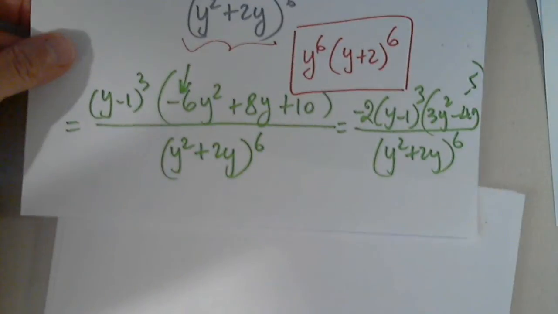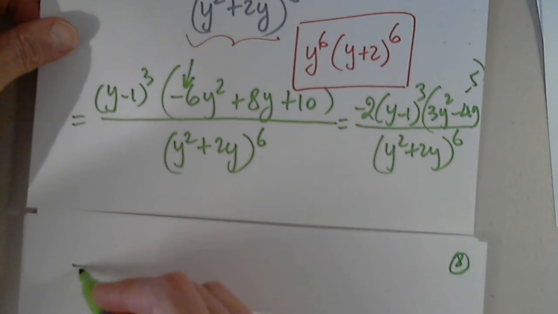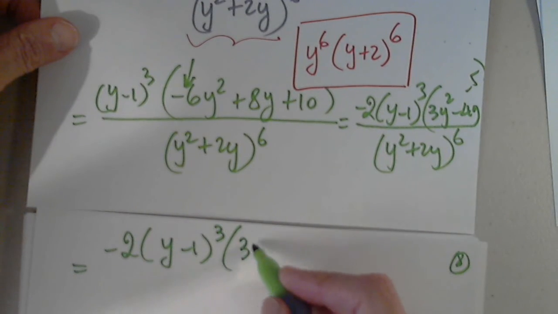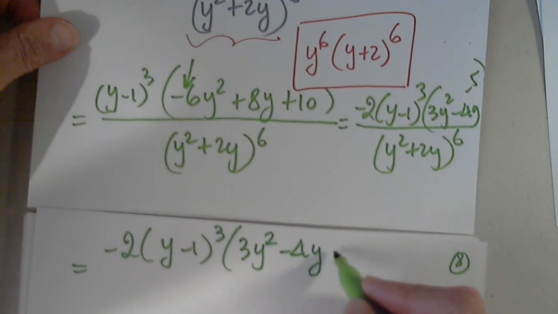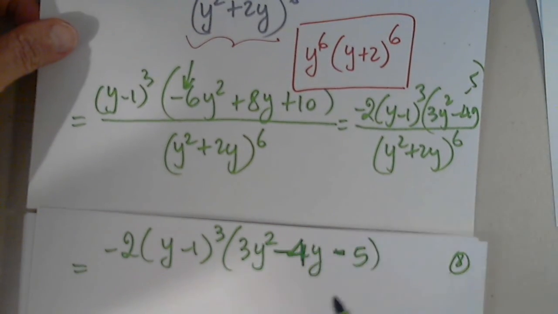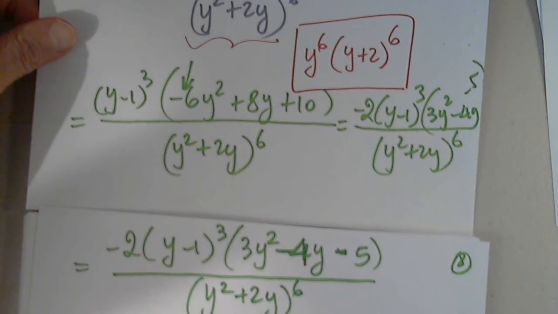Okay, so then the final answer would be negative 2 outside, y minus 1 to the third, 3y squared minus 4y minus 5, and everything divided by y squared plus 2y to the 6th power.